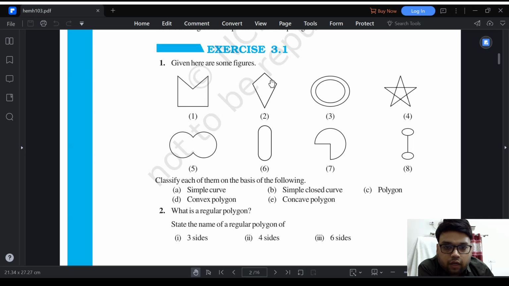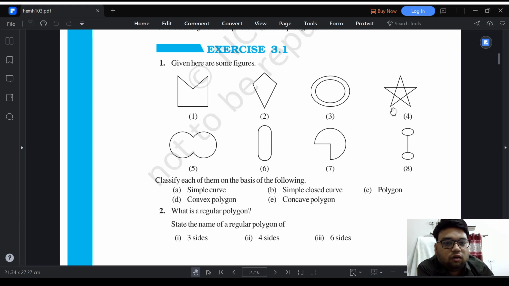Here no angle looks more than 180 degrees, not more than 180. So this is the example of convex. In the figure of a circle, it is not possible to make a circle if the angle is more than 180 degrees. So this is the best example of convex.